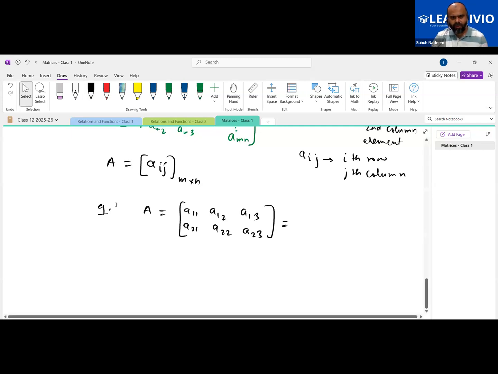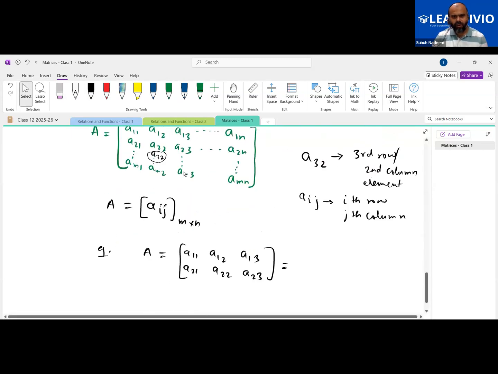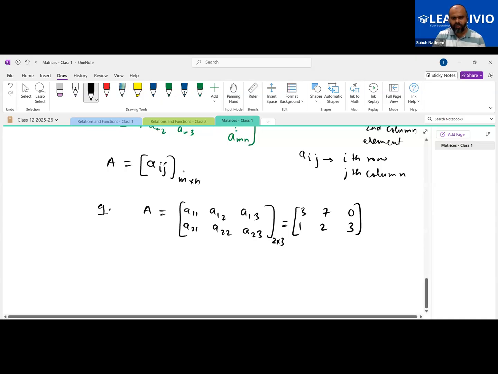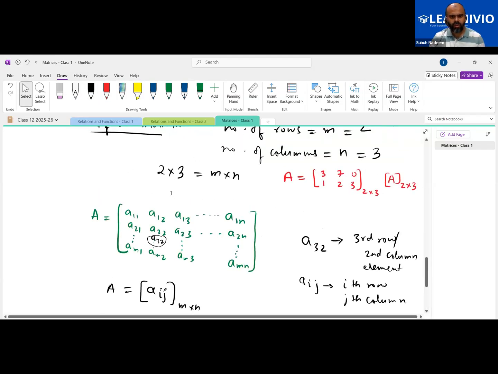In that example, we took 3, 7, 0, 1, 2, 3. So these were the elements, and this matrix was a 2 cross 3 matrix. So you can write this also here.